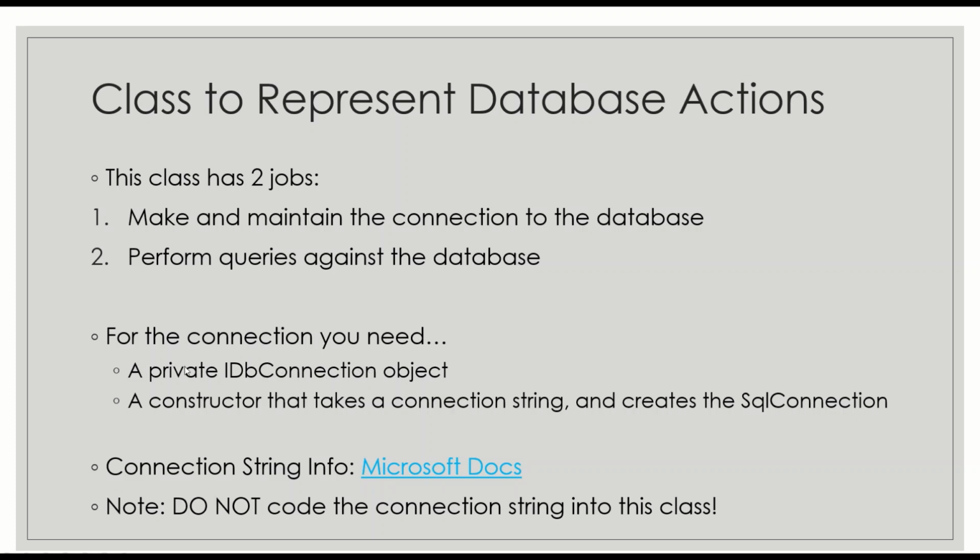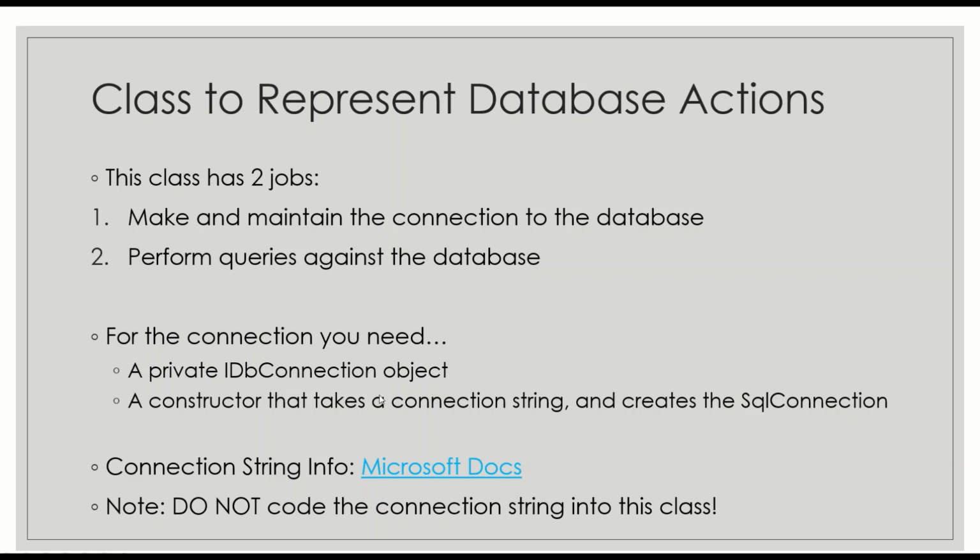And then we're also going to create a constructor in our class that takes a connection string and creates the SqlConnection. So SqlConnection is just one type of database connection. As you know, there are other types of databases out there. But for us, because we're creating a connection to SQL Server, we're creating a SqlConnection object, which is one of the objects that implements IDbConnection.